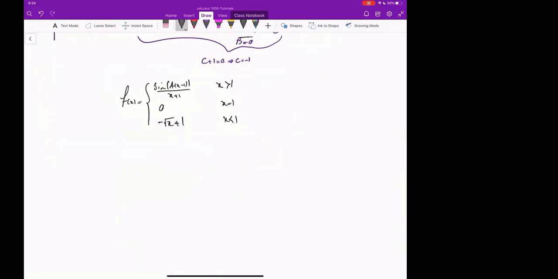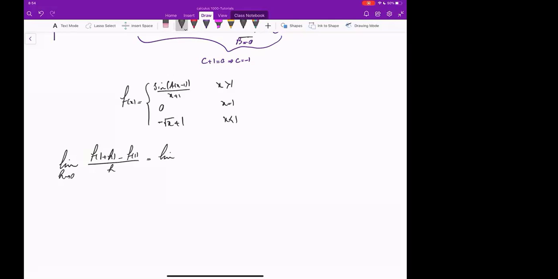That continuity just gave us some information. We want to now use it. Limit of f of x, so what was it? f of 1 plus h minus f of 1 over h as h goes to 0.